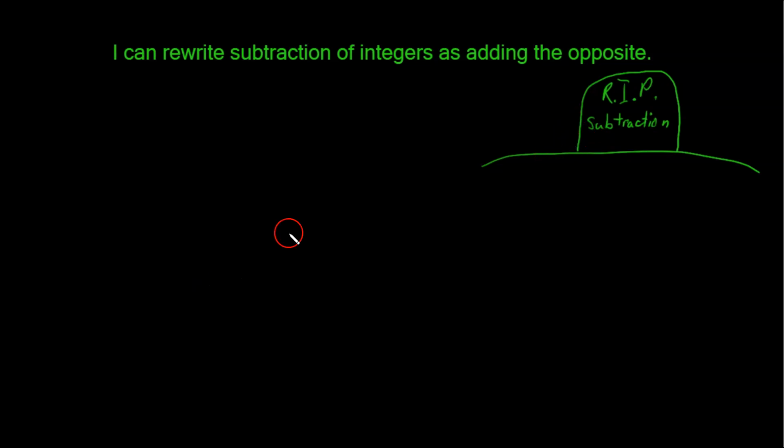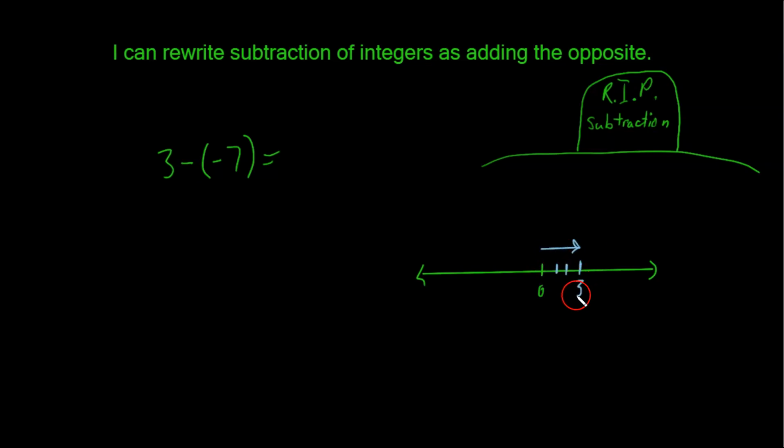Okay, so let's say we have 3 minus negative 7. Let's look at this on the number line. Right away we're starting with 3, so we're moving 3 to the right of 0, in the positive direction. So 1, 2, 3. And now we've got minus negative 7.